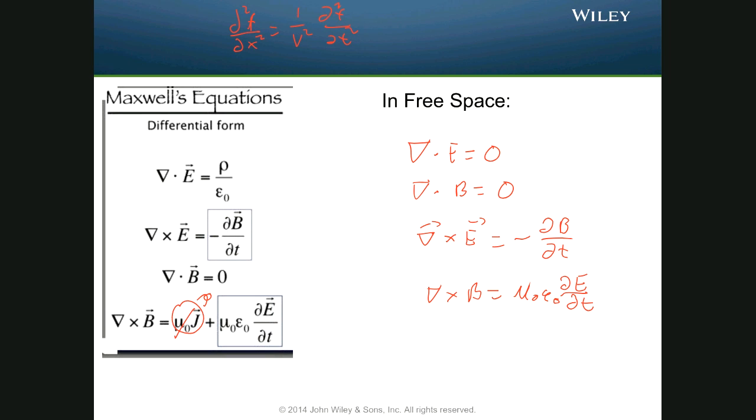What we'll need is one particular vector identity: del cross a vector, let's call it A, equals del, hold on, I'm not getting confused, I'm just writing the wrong thing.